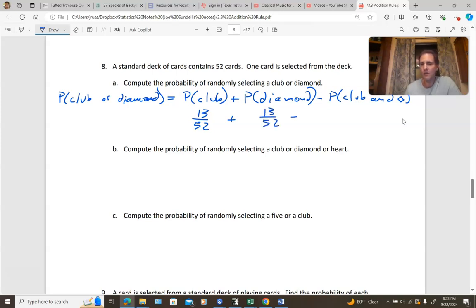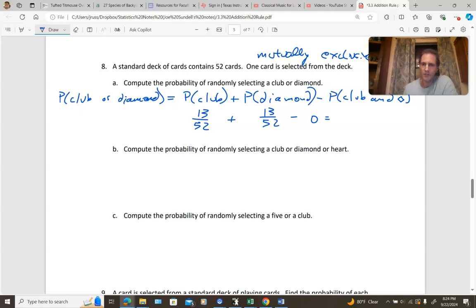Minus, now what's the probability that the card is both a club and a diamond? Here again, guys, these are two distinct suits, so it's not possible to draw a card that has both of these. Each card only has one suit. So this probability is going to be 0 because these two events are mutually exclusive.